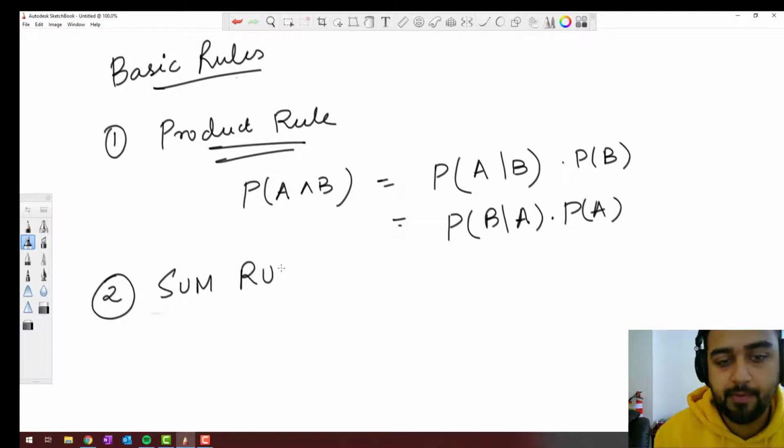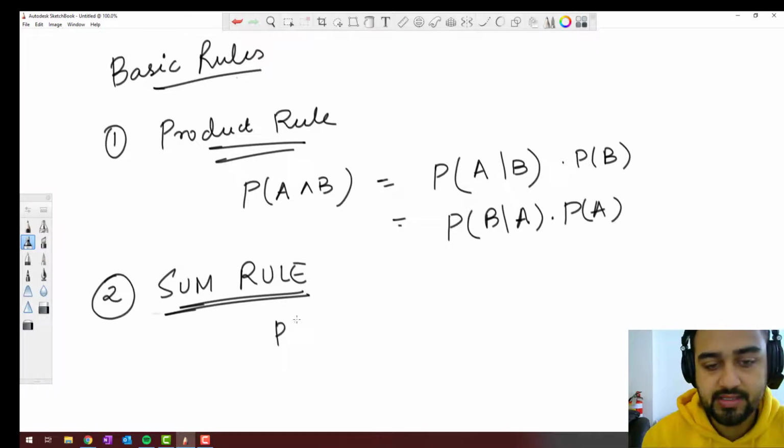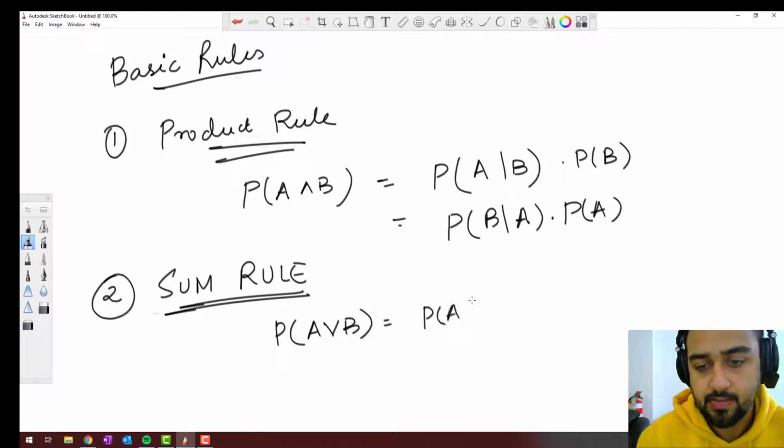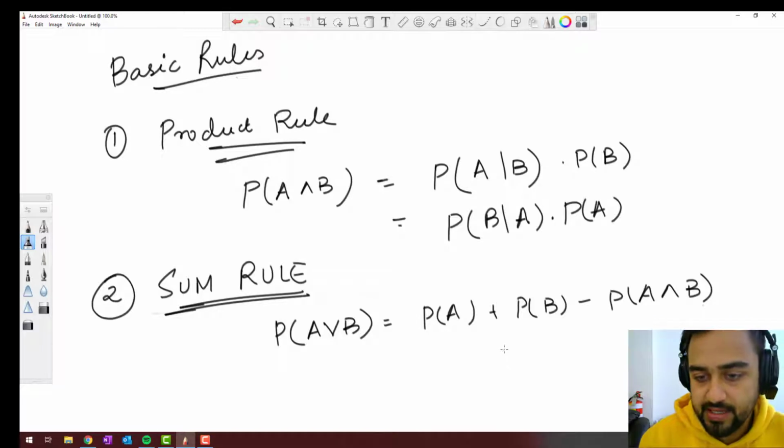This is just a recap of all the rules that you must have studied before, right? The sum rule says if you have P(A or B), this is given as P(A) plus P(B) minus P(A and B).